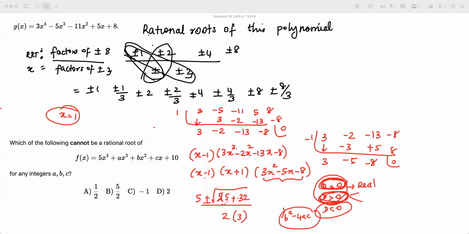Irrational roots exist as conjugates, meaning 5 plus root 57 by 6 and 5 minus root 57 by 6, both irrational roots that are conjugates. Irrational roots and complex roots occur in pairs. As a result, you can omit this. They want only rational roots of the polynomial, right? Does that make sense?